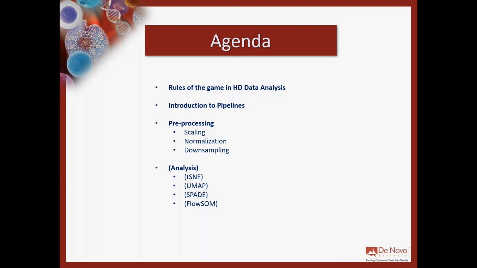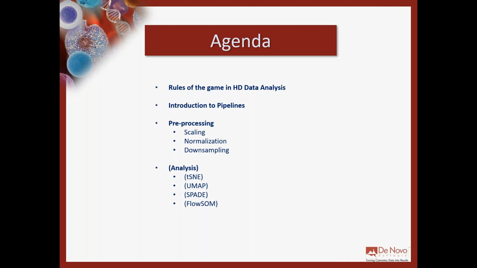Why we are dedicating so much time to pre-processing, you will see, because pre-processing is basically the way in which you are preparing the data to be analyzed with the popular algorithms, such as tSNE, UMAP, SPADE, FlowSOM, and so on. If you do not perform proper pre-processing, it would be really hard to get meaningful results out of your tSNE, UMAP, and so on.